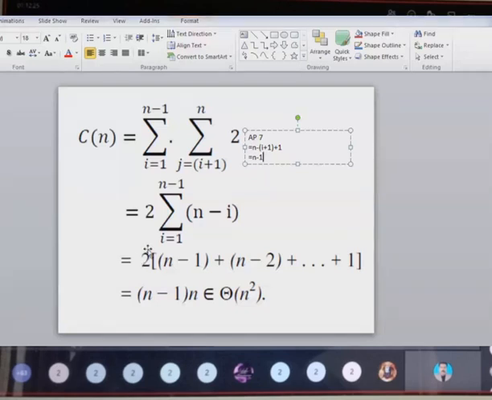Okay, next is upper limit is n minus lower limit I plus 1 plus 1, right? Now n minus I minus plus 1. Okay, now cancel this minus plus 1. Clear pa?